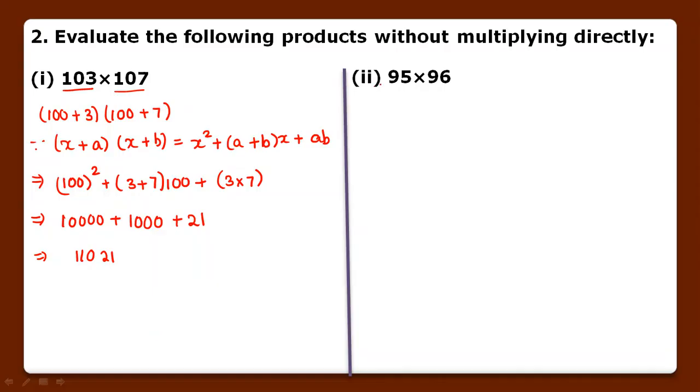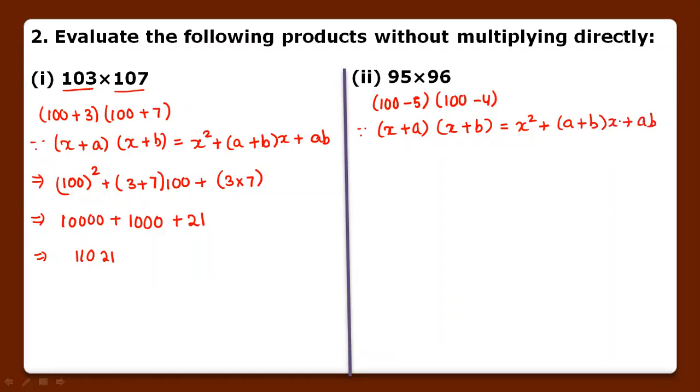In this question, 95 into 96. We can write 95 as 100 minus 5 and 96 as 100 minus 4. Right? We'll use the same identity. X plus a into x plus b is equal to x square plus a plus b into x plus ab.